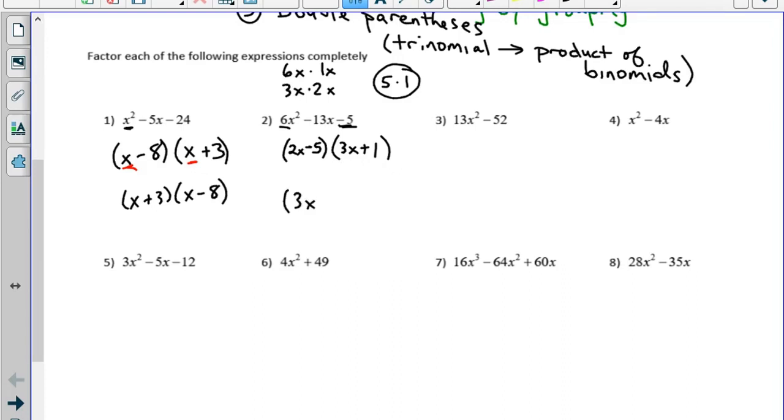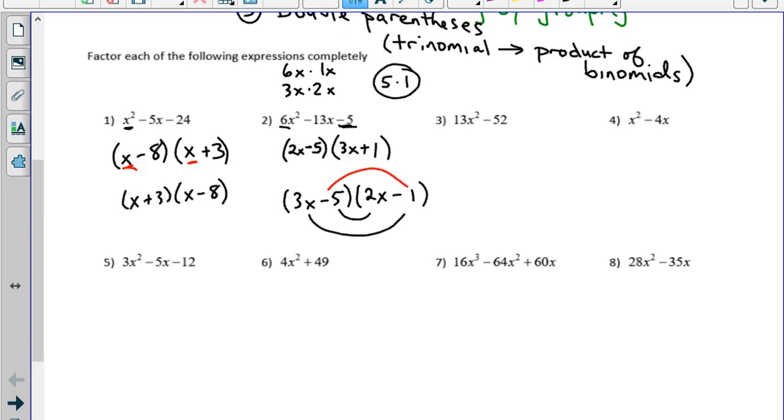Now, what if I tried 3x and 5 and then 2x and 1? Well, if I look at this, that's a 10, that's a 3, and 10 and 3 does make 13, like negative 10x and negative 3x ends up making negative 13x. But if I look at this carefully, I would have a plus 5 at the end if I did this one.